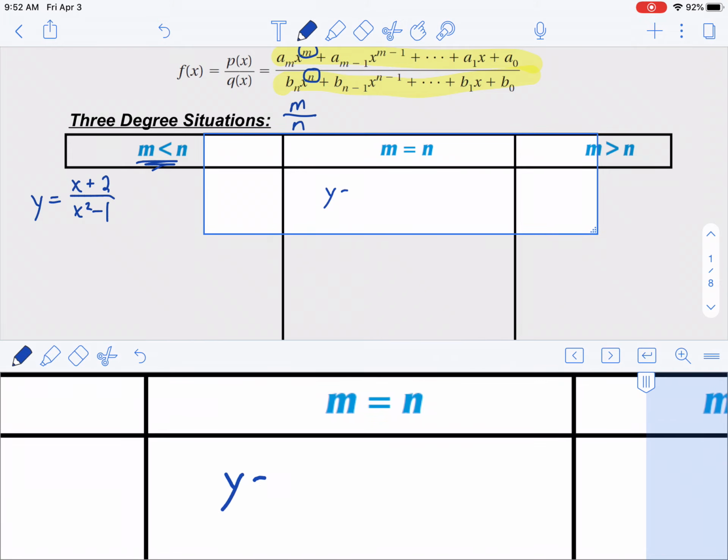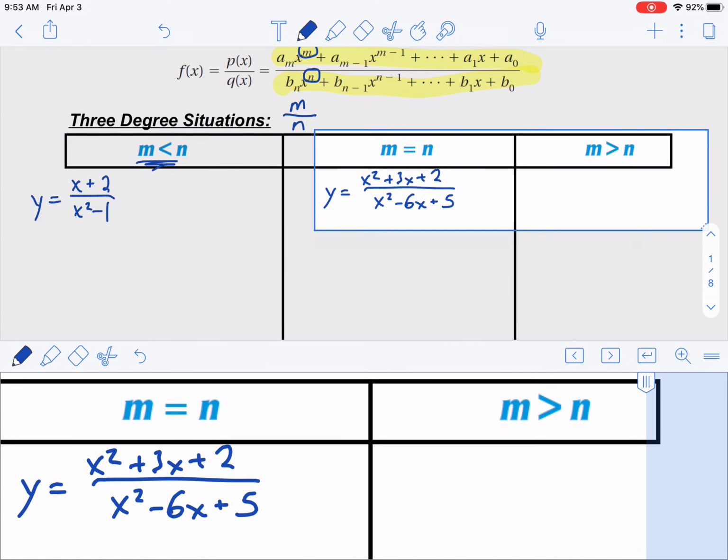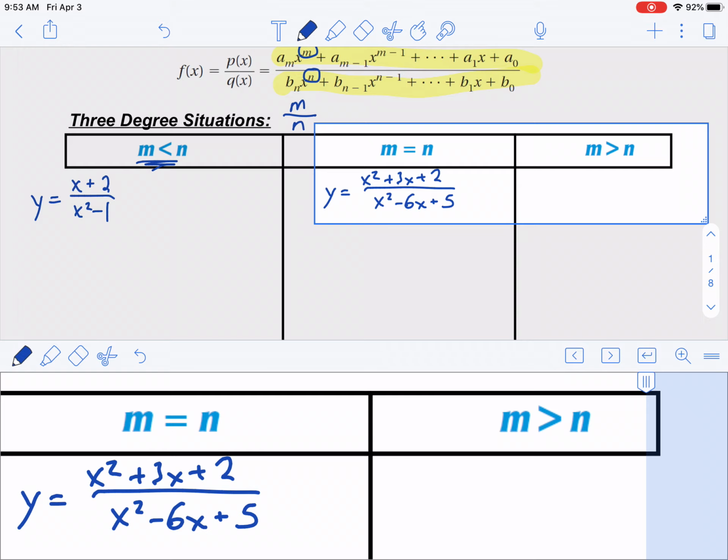The second situation is where the degrees are equal. So if I have something like y equals x squared plus 3x plus 2 over x squared minus 6x plus 5, that would be an example of that. That's where our degrees are the same. They're both second degree, x squared over x squared, so m equals n.